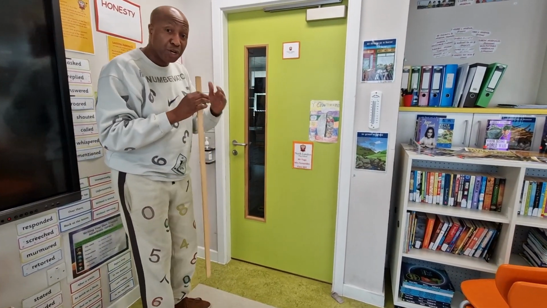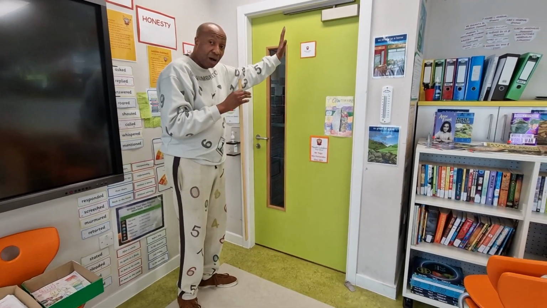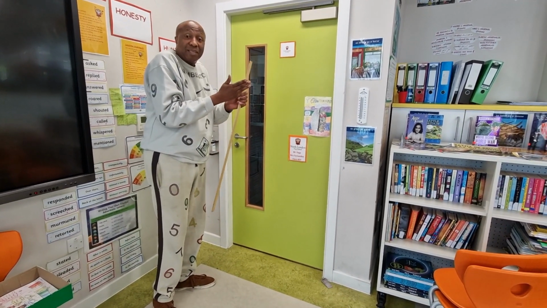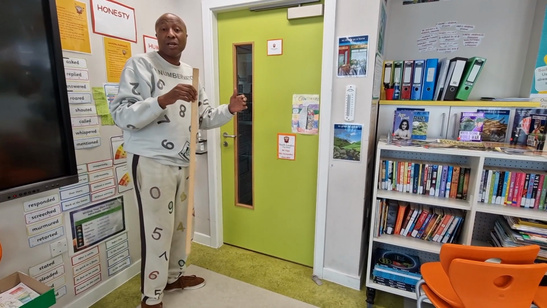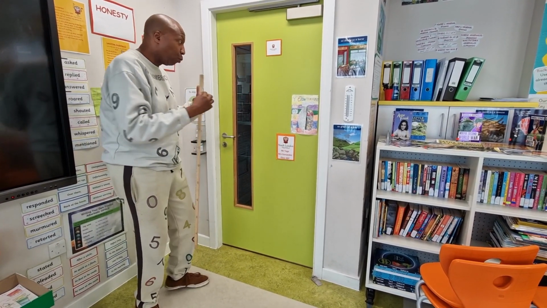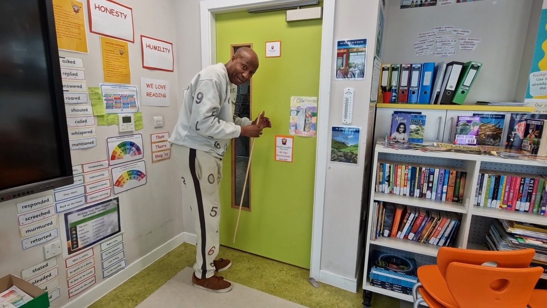Now, because we know the door is 2 meters, we can use the height of the door to estimate other objects in this room. For example, I can walk through the door without having to bend my head down.